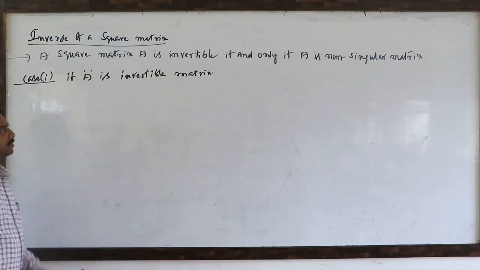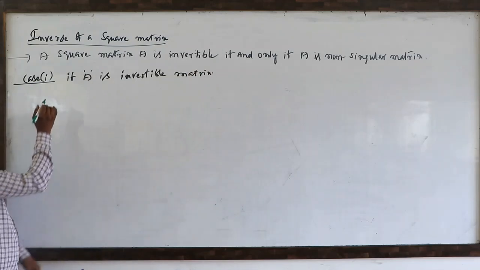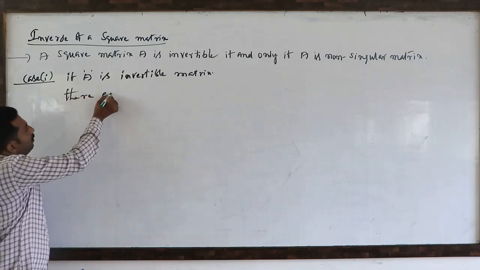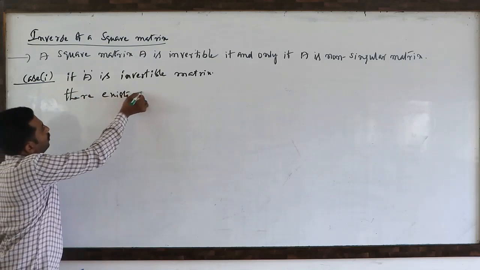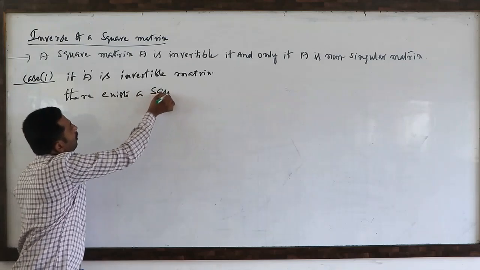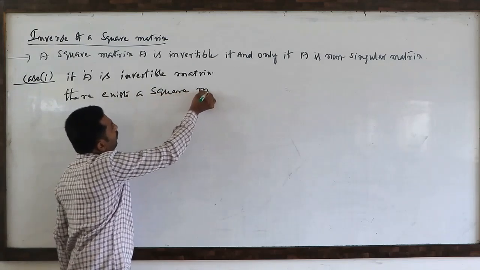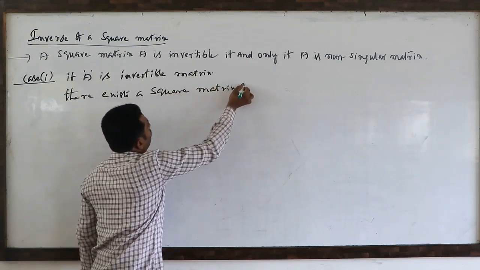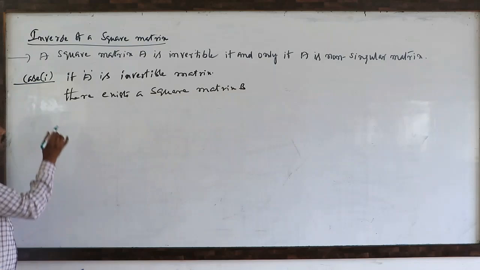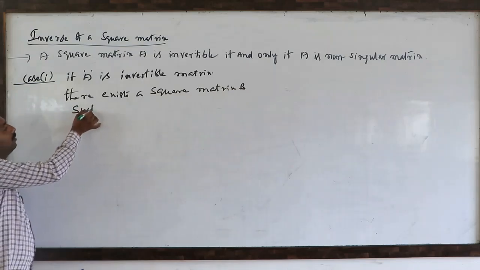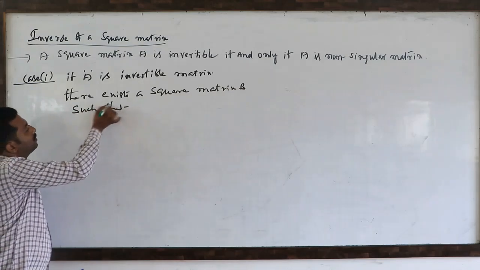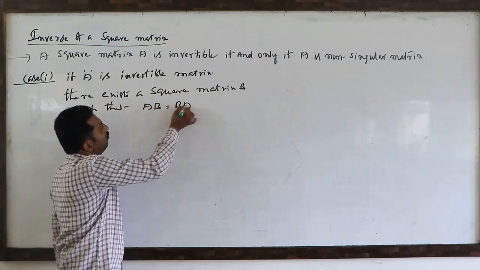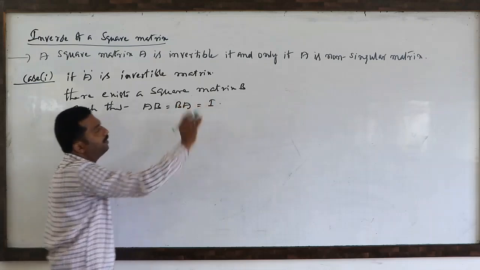Invertible matrix means there exists a square matrix capital B of the same order as A such that AB equal to BA equal to identity matrix.